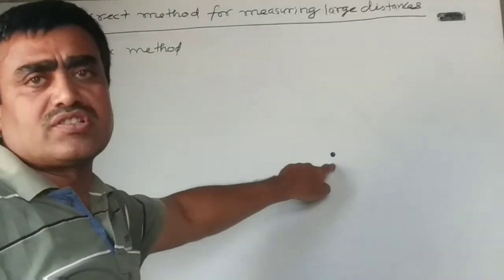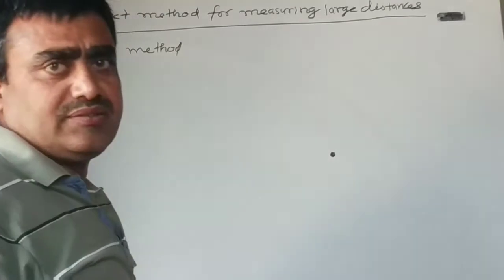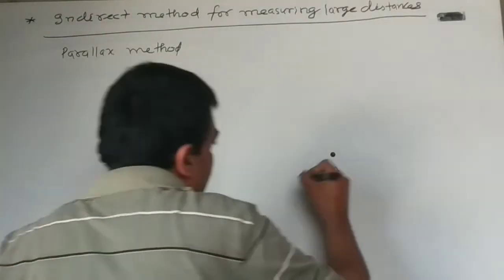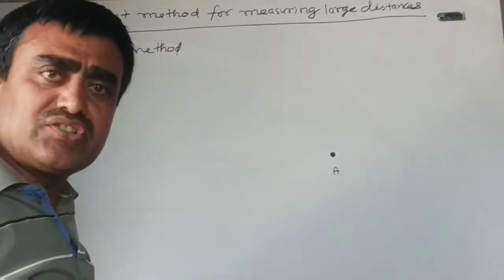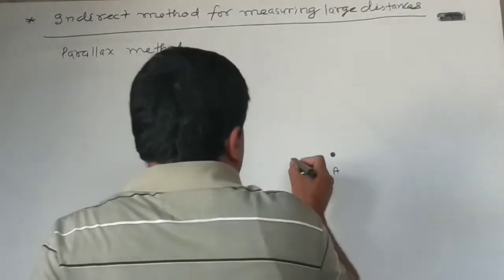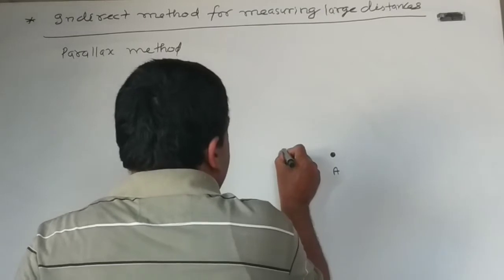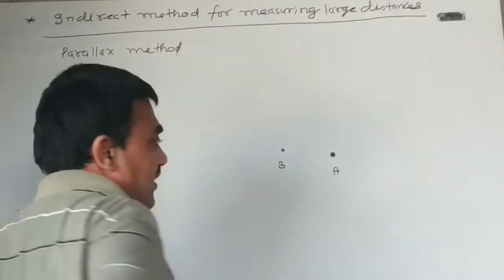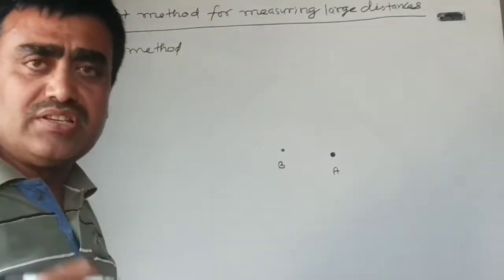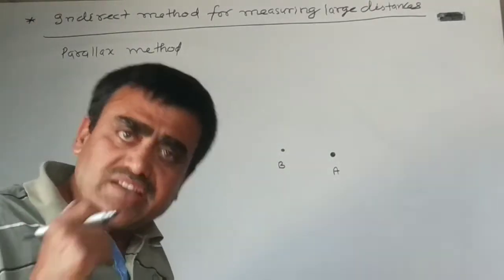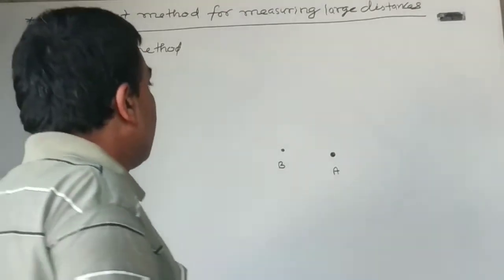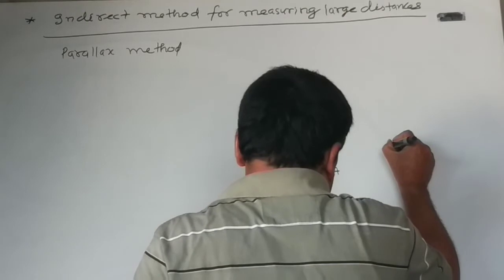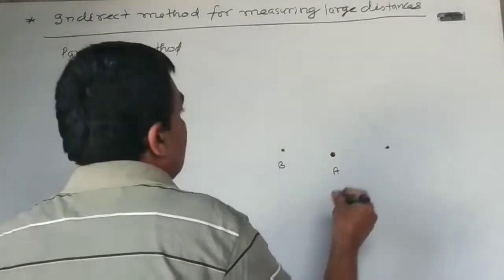If we close our left eye and see the point located at point A, it shifts left side like that. It appears at point B. If we close our right eye, then it appears to shift to point C.